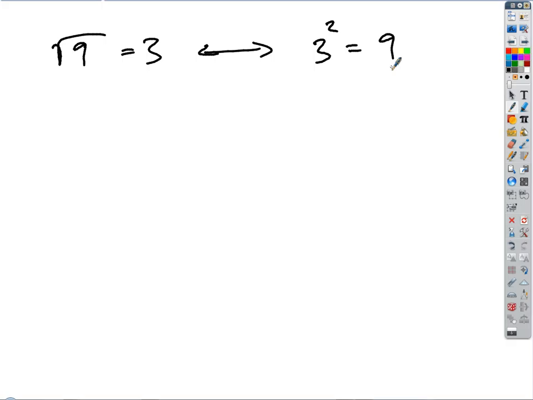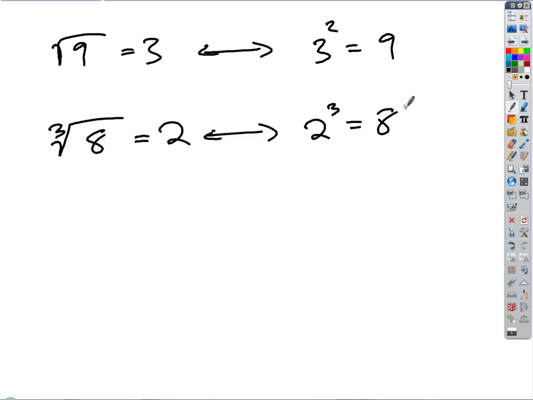Okay. What is the cube root of 8? 2. It's 2 because 2 cubed equals 8, right? You get it? Okay. What is the fourth root of 81?